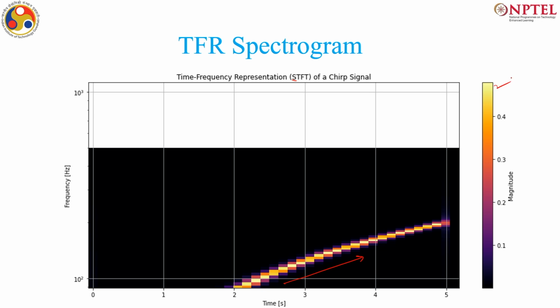The yellow color gives the highest magnitude, that means the dominant frequency, and this dominant frequency is increasing with time. So, here we get a very nice representation of what frequencies are present and where they are present.